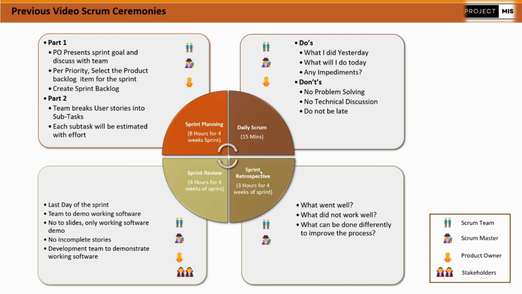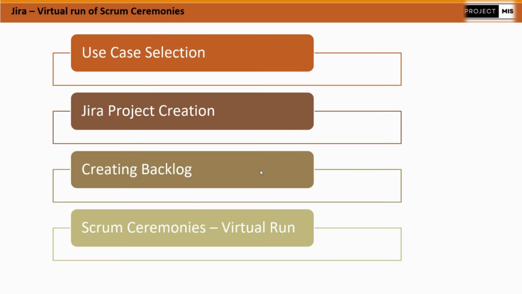The main agenda for this video is to understand how these Scrum ceremonies will be performed on Jira. For that, we have to start with the use case. First we have to pick one use case which can be chosen to create the backlog.